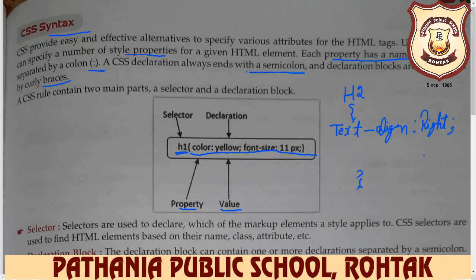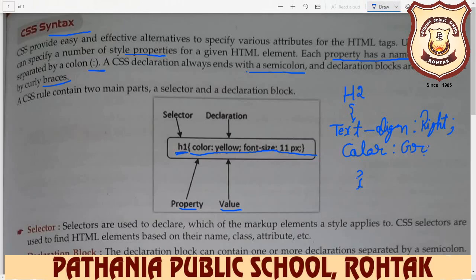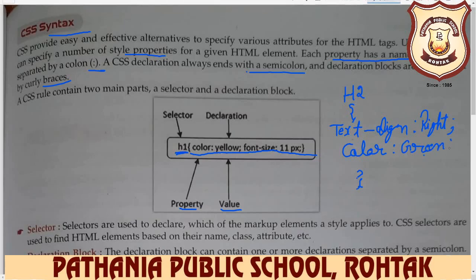For example, heading 2, you want to change the color, then you write down color. Color is the name of the property, and after that you use the colon, and then you write down here, for example, green, and then use the terminator. This is your property and value.